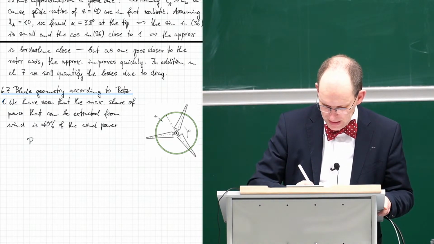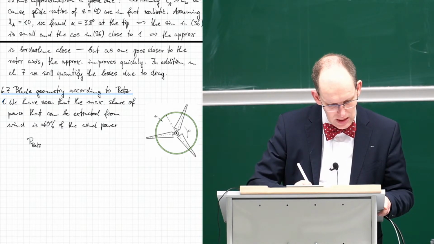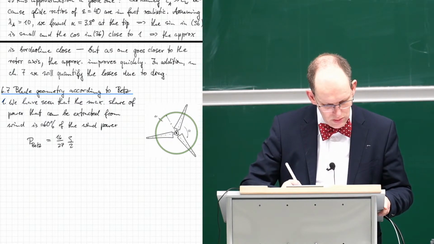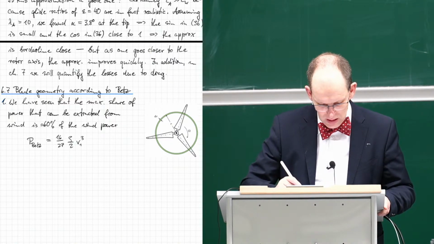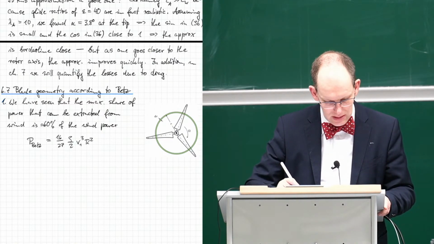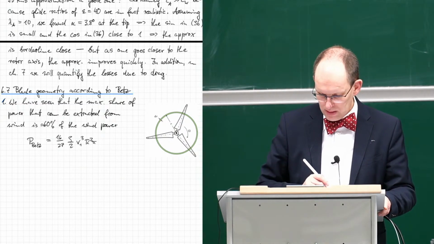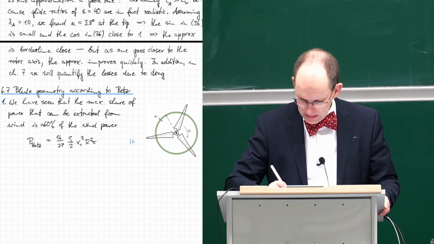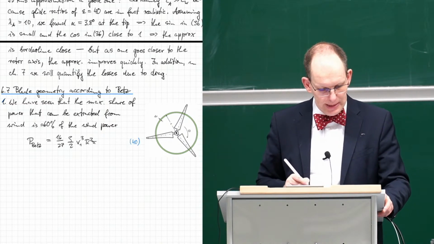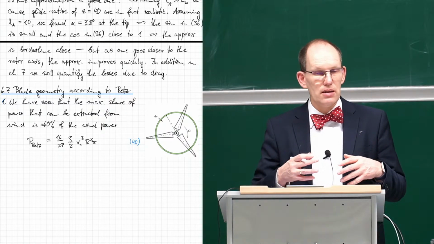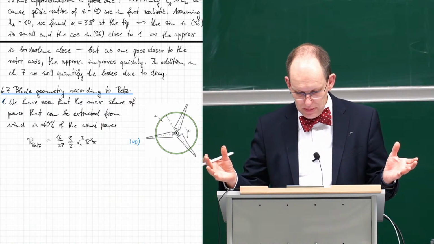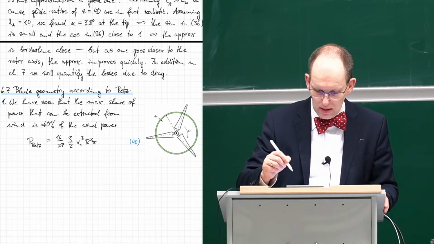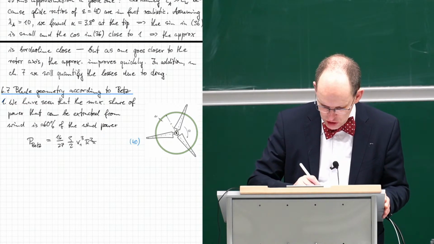So we have P Betz is 16 over 27 rho over 2 V1 cubed r squared times pi. So r squared times pi, this is the swept area, of course. So that's equation 40. And now it is only possible to achieve this limit if each infinitesimal ring contributes the respective share.